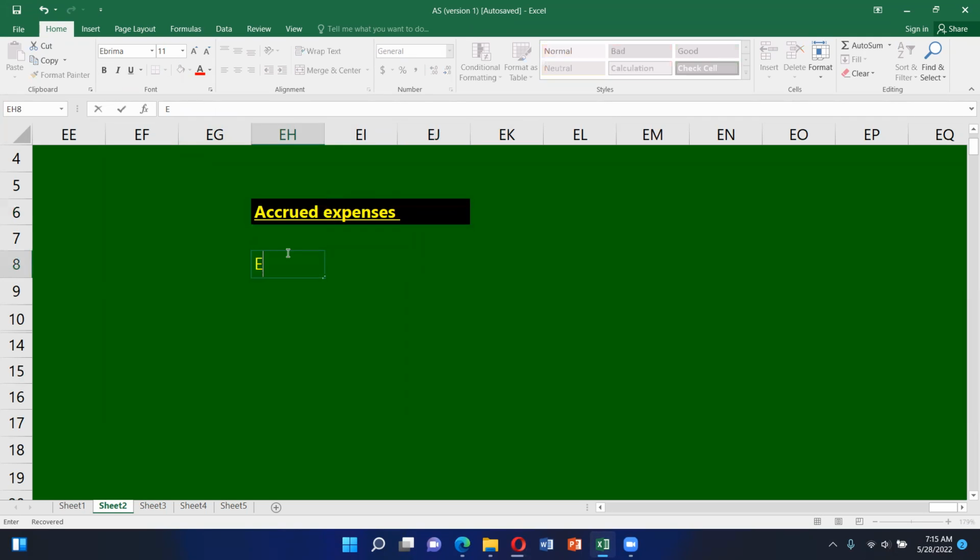Write down, expenses incurred for the period but not yet paid.